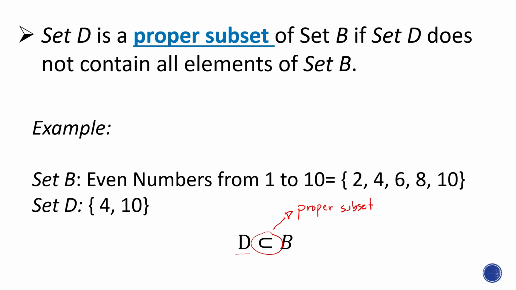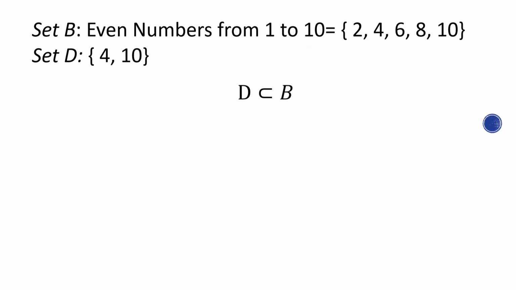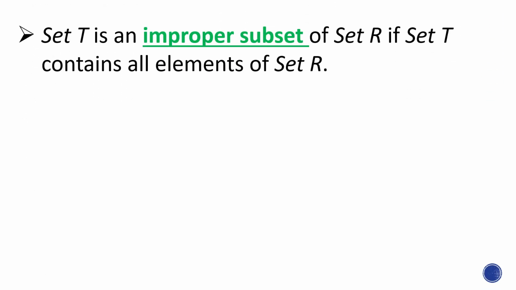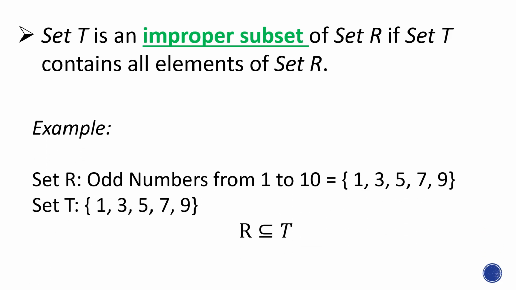Of course, if there's a proper subset, there is also what we call an improper subset. So what is an improper subset? Set T is an improper subset of set R if set T contains all elements of set R. So for example, odd numbers from 1 to 10: 1, 3, 5, 7, and 9.